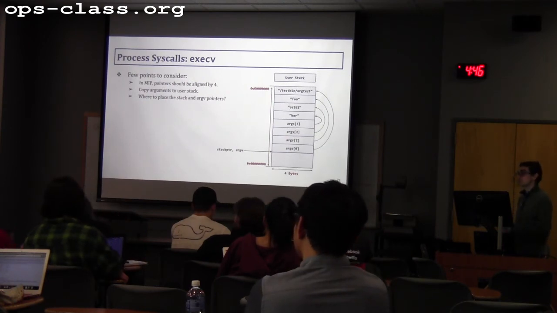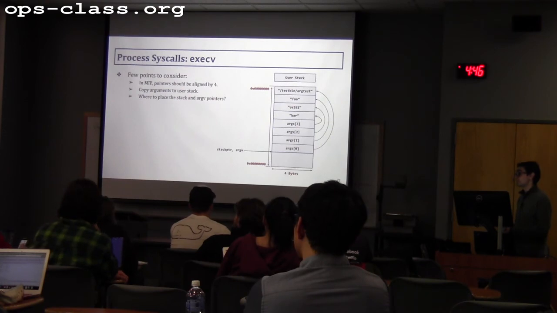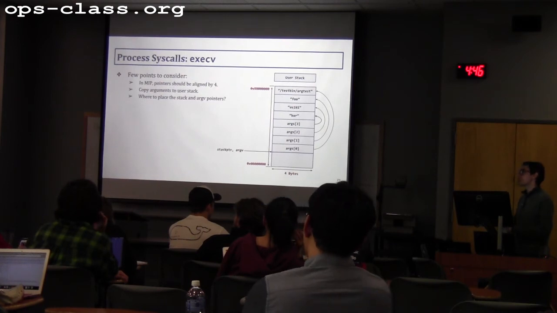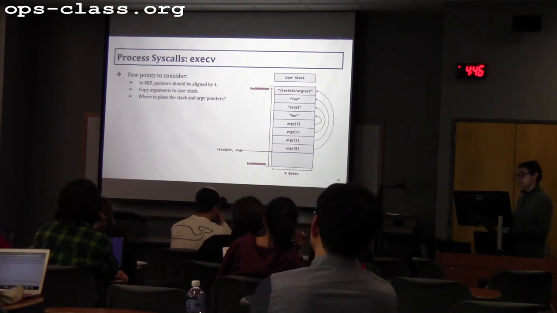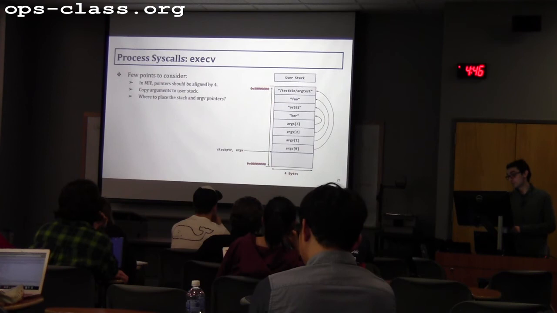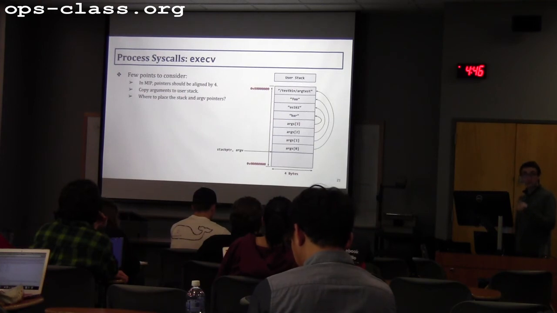Yes? If your argument is of length 4, should you provide 4 extra padding? So each character is 1 byte. As we said, for each index in the argv array, a pointer is 32-bit, which is 4 bytes already.